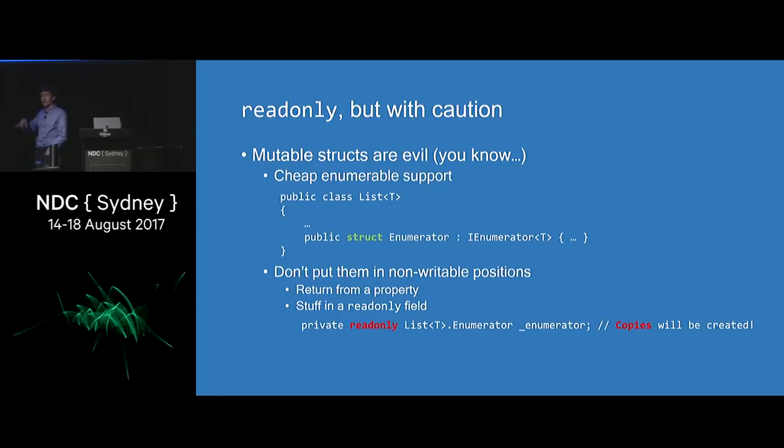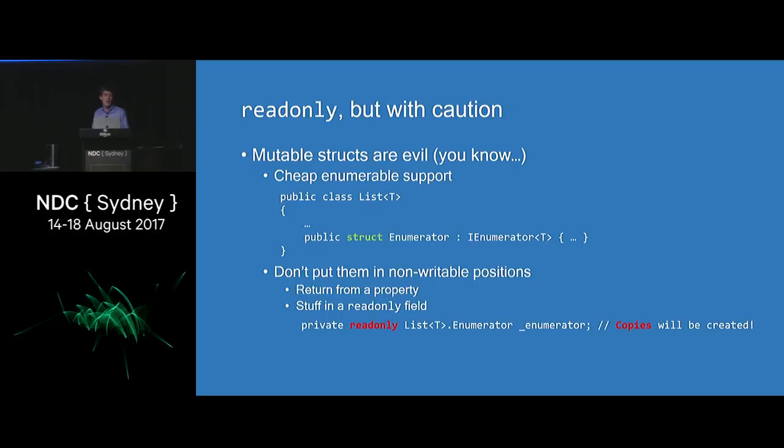I don't need to go through the IEnumerable interface, which will cause the allocation of an enumerator on the heap, which is an additional object on the heap that's not needed because we're just doing the enumeration in the context of a foreach loop. So it's a struct for performance reasons, but it's also a mutable struct. It contains the cursor inside of it. So if you end up storing this thing in a read-only field, then updates will never be persisted to it. We'll just make it immutable, and the enumeration will just be stuck and not move forward.